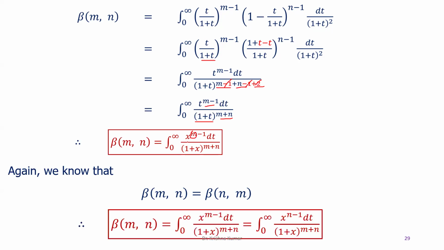So now we are able to write beta of m,n equal to integration of x to the power n minus 1 upon (1 plus x) to the power m plus n under the limit 0 to infinity. So this is true for m and n both.